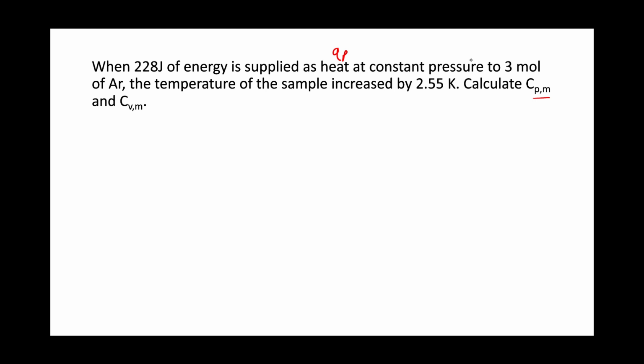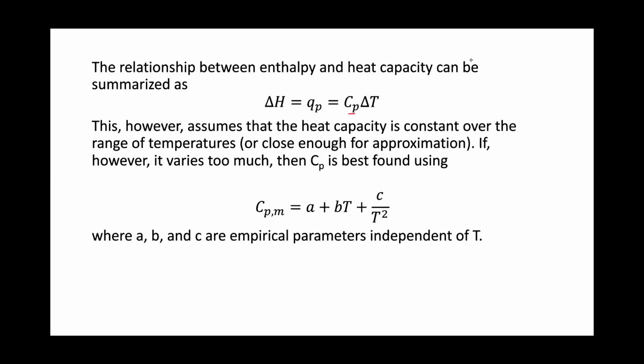Okay, so we have a Q of 228 joules, an N of 3 moles, and a delta T of 2.55. Delta H is equal to Cp times delta T. We saw that result a long time ago.